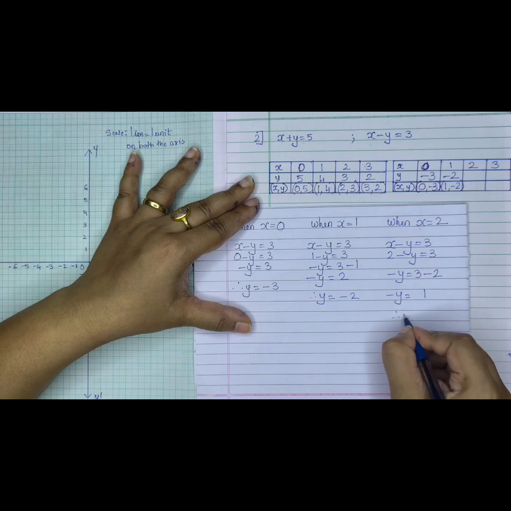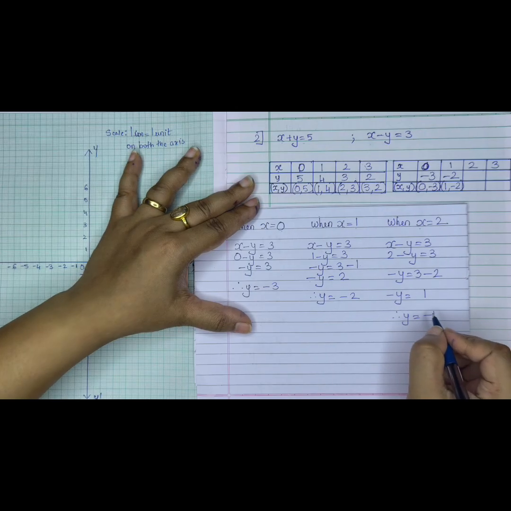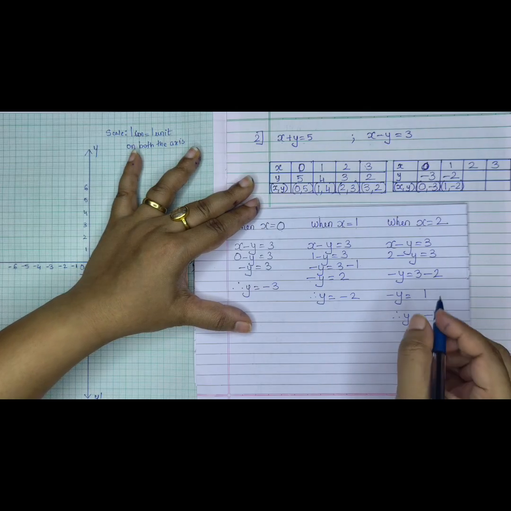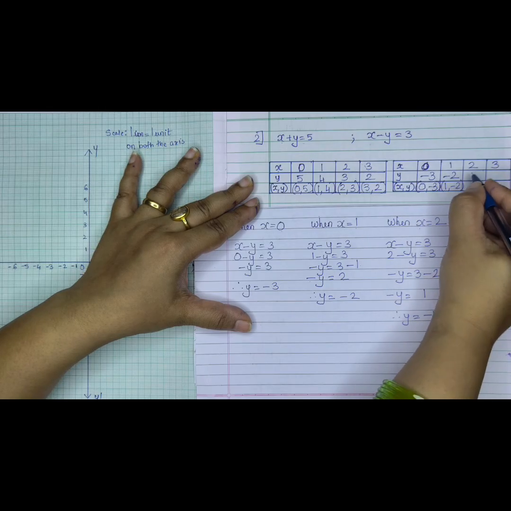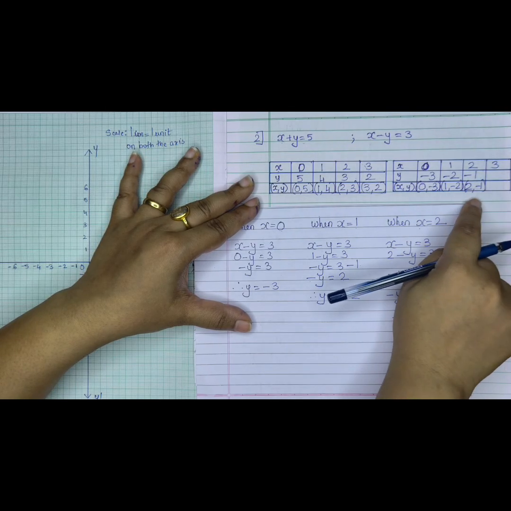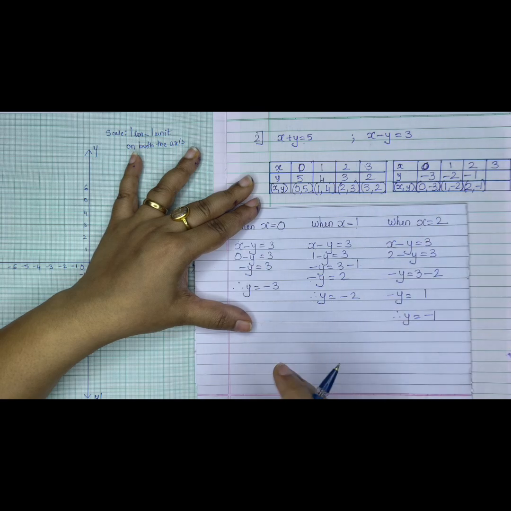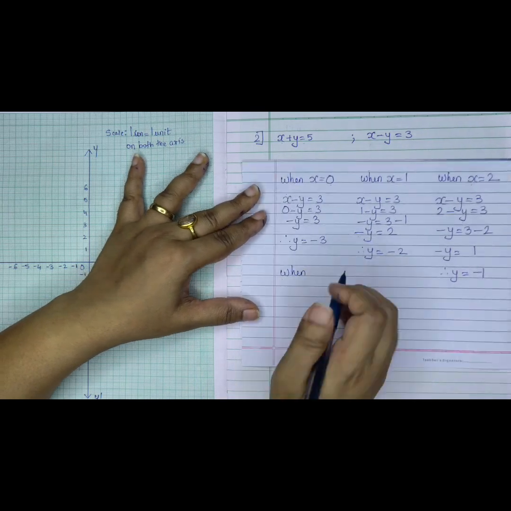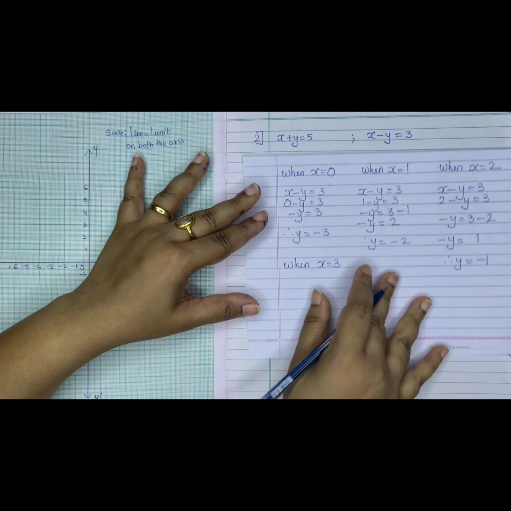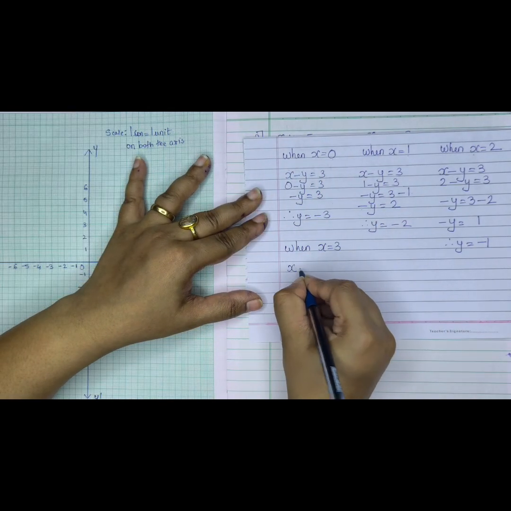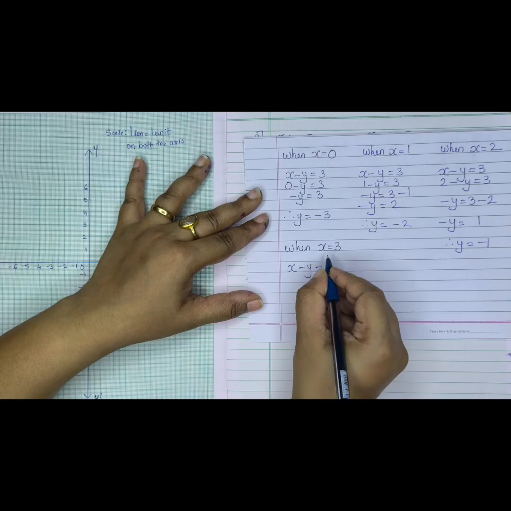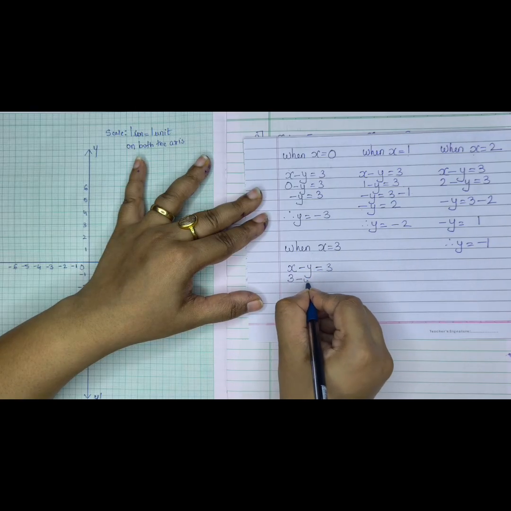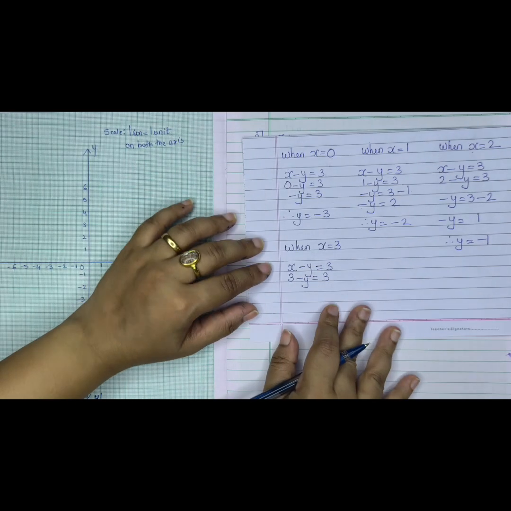So therefore y is equal to minus 1. Here you get 2 and minus 1. Understood? Now we will take when x is equal to 3. Write down this equation, x minus y is equal to 3. So x will be 3, minus y is equal to 3.